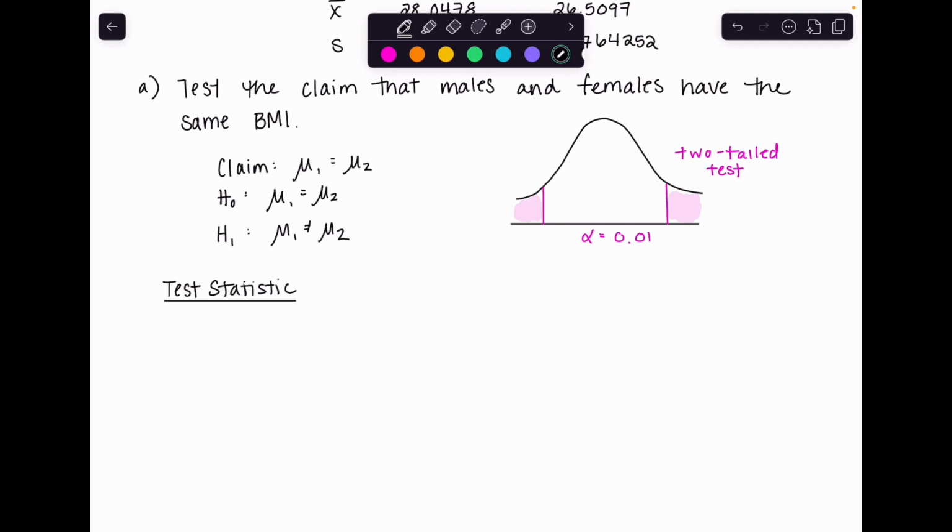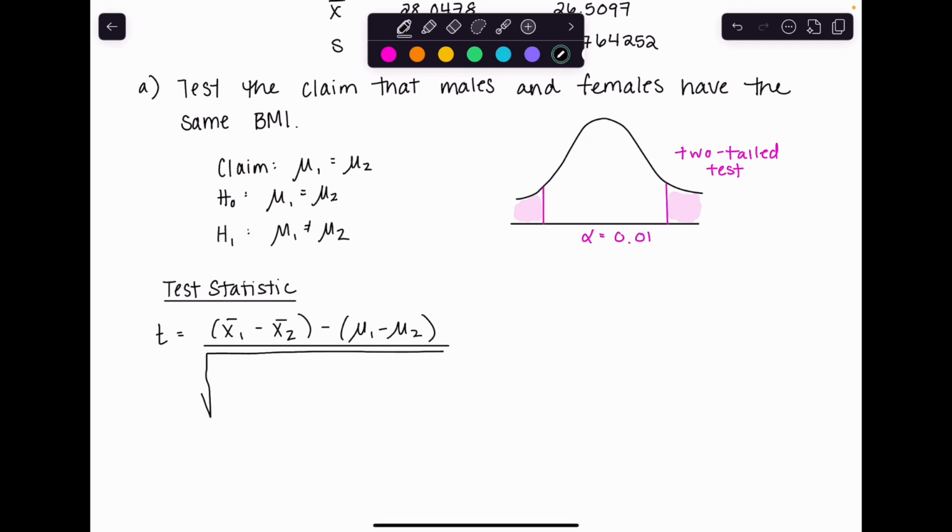So just to copy all of that down, our value of t is the difference in the sample means minus the difference in our population means divided by a giant square root. And in the bottom, that would be S1 squared over N1, and then S2 squared over N2.